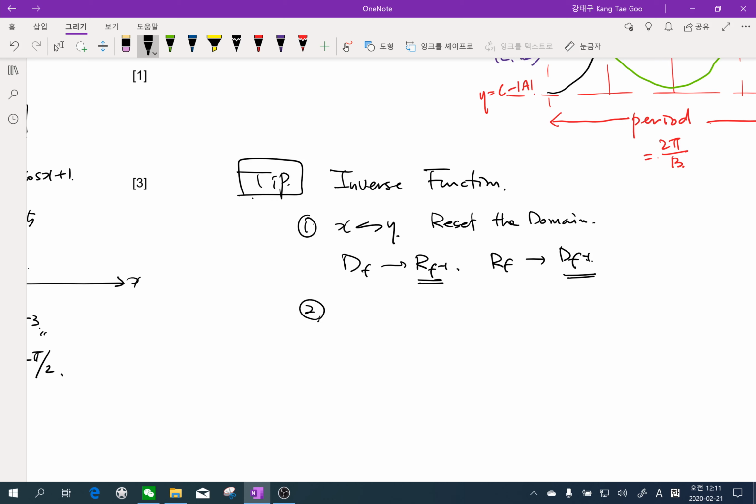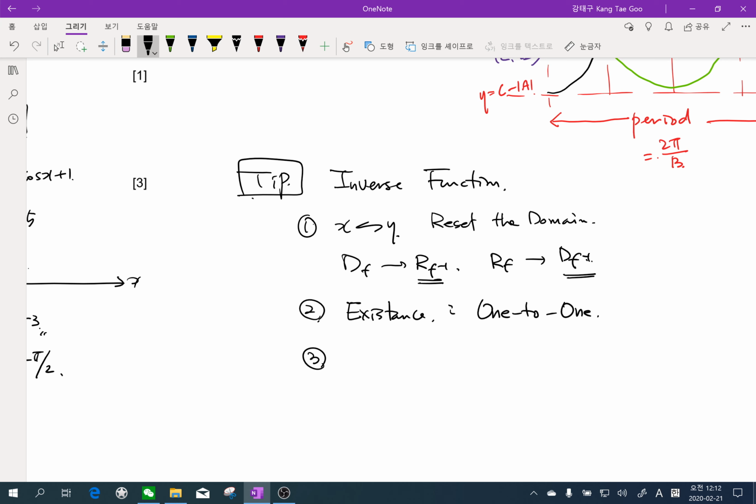The second thing, when does the inverse function exist? When the function is one-to-one. If your original function is one-to-one, then there is an inverse function you can find.